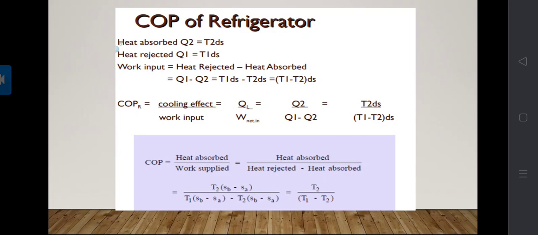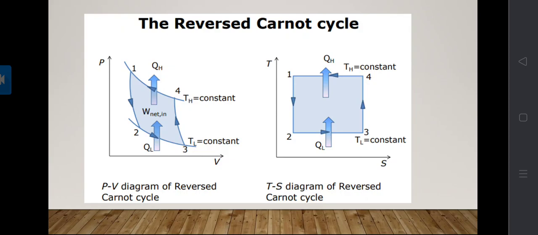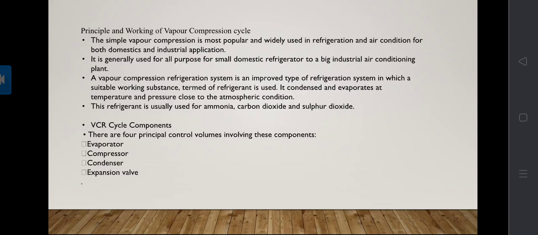So again the COP of the refrigerator is equal to T2 divided by (T1 minus T2), which is another way of writing the COP of refrigeration. Next we can see the PV and TS diagrams shown for the reversed Carnot cycle, in the same way. So next we see the vapor compression cycle.